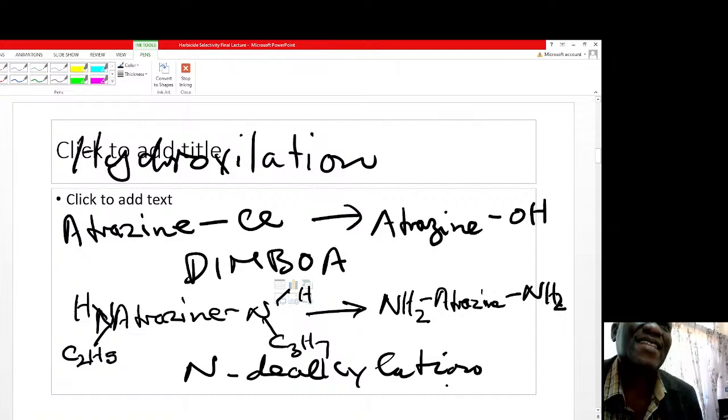So as far as atrazine is concerned, in phase 1, you can have hydroxylation, removal of the Cl, forming the OH, and then you can have removal of the ethyl groups, leaving the amine. Then we enter into phase 2 with the atrazine.